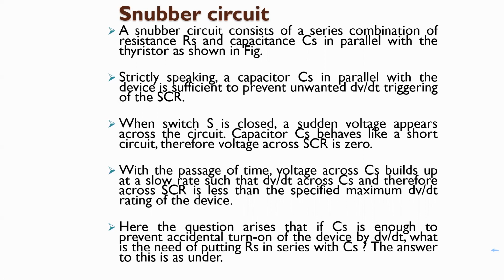The capacitor behaves as a short circuit, therefore the voltage across the SCR is zero. With the passage of time, the voltage across Cs builds up at a slow rate depending upon the time constant value of RC. Therefore, the dV/dt across the SCR is less than the specified maximum dV/dt of the device. So this is how it operates.